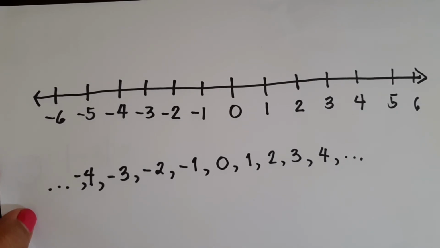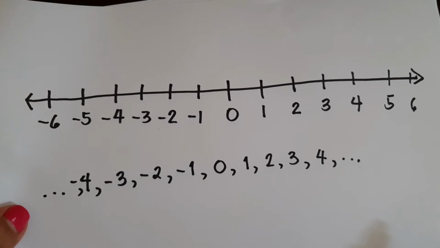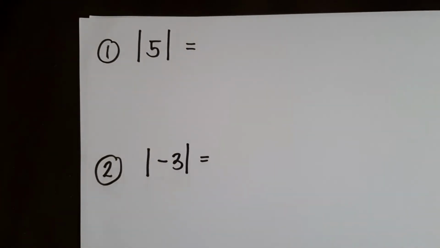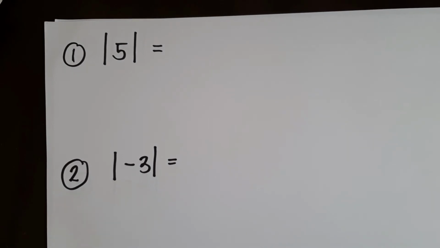Proceed tayo sa absolute value of a number. So the absolute value of a number is the distance between the number and 0 on the number line. So it is denoted by 2 bars. So meaning it is just the distance from 0 up to the given number. So for example, the absolute value of positive 5.